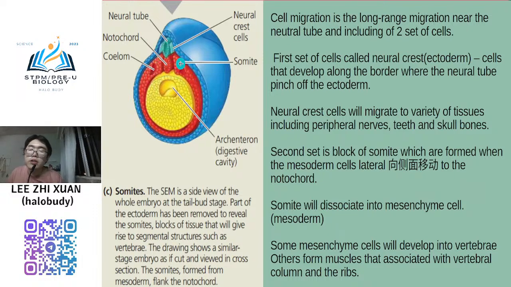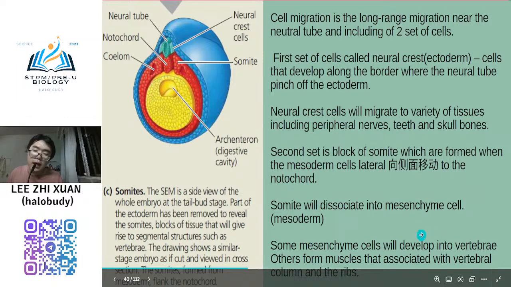The somites are formed where the mesoderm cells are lateral to the notochord, and then the somite will dissociate into mesoderm cells, and some mesoderm cells will develop into vertebrae.